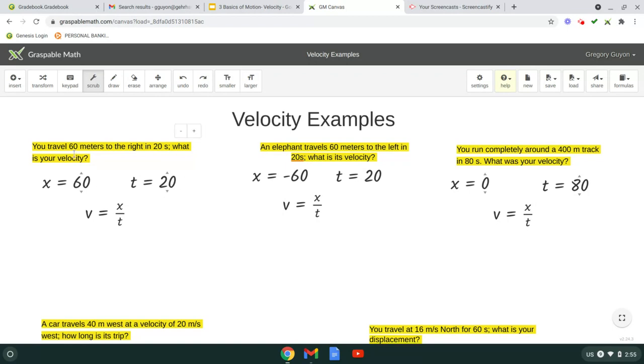In order to solve for this, delta x is 60 meters. It's to the right, so it's positive 60, and then the time is 20 seconds. To solve for this, we have to make sure that this is set to transform. So we click transform, and that will allow me to substitute my letters into the problem.